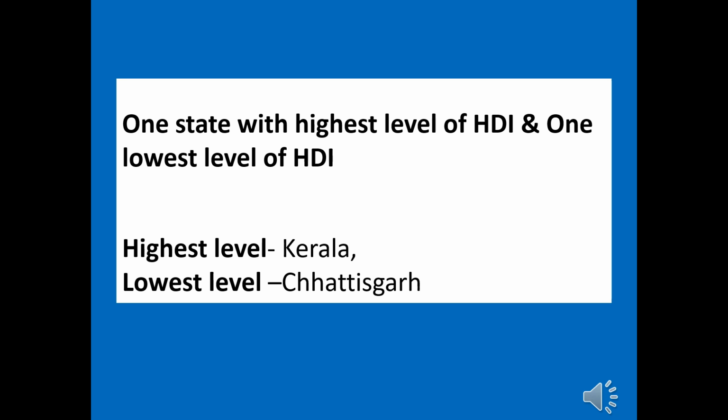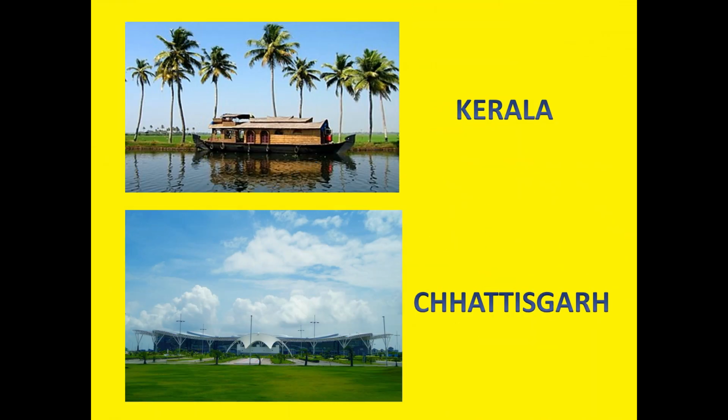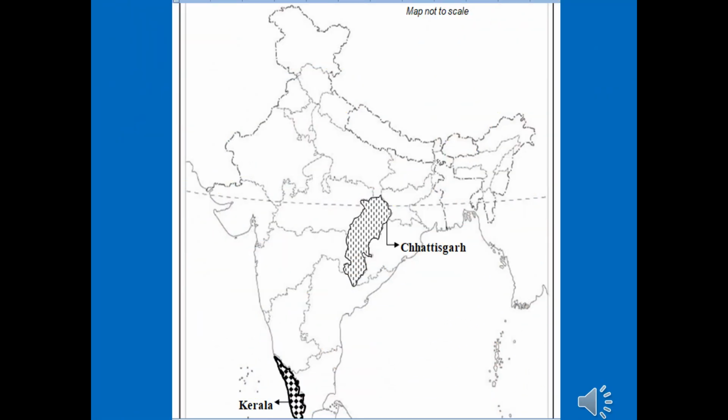We'll talk about one state with highest level of HDI and lowest level of HDI, that is Kerala and Chhattisgarh. The location of these places on the political map of India are as follows.